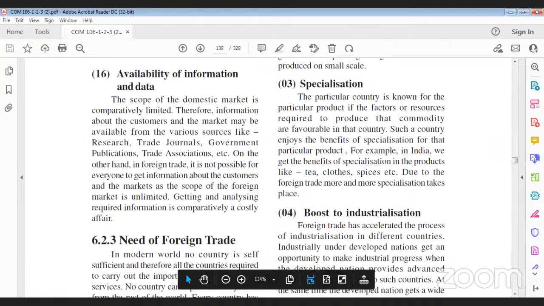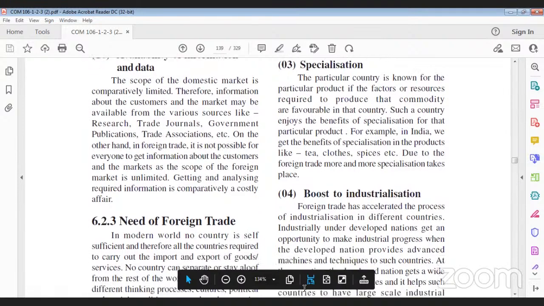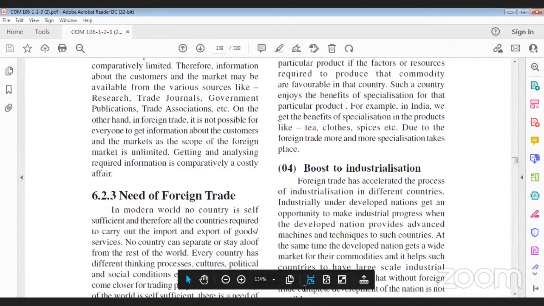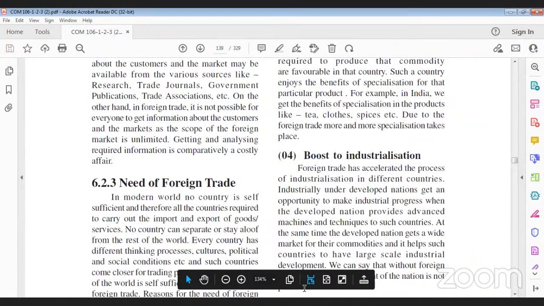Then the next point of discussion is the need for foreign trade. In the modern world, no country is self-sufficient. Therefore, all countries are required to carry out the import and export of goods and services.